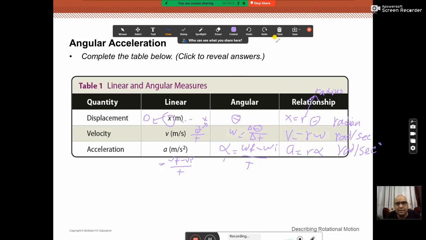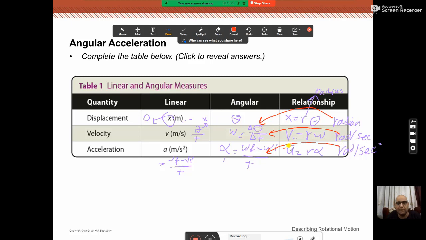The first unit is the measuring unit of theta, which is angular displacement. This one is the measuring unit of angular velocity, and this unit is the measuring unit of angular acceleration.